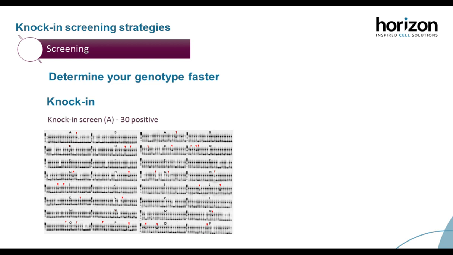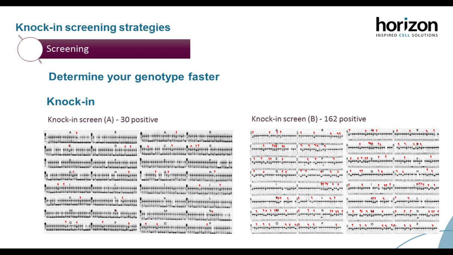In this knock-in screening strategy, I designed a primer so that it would only amplify the targeted cells. So the primer only amplified when I had positive incorporation of my donor. In this example, I screened 400 clones and I got 54 positive populations, which appeared to be positive for my targets.